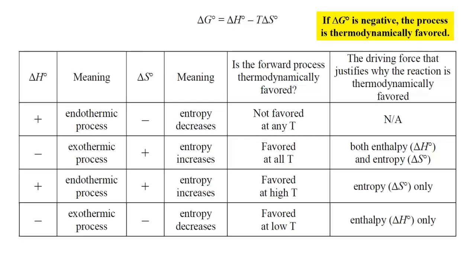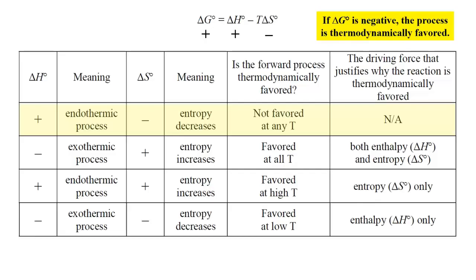So I'm going to start with the possibility in which delta H is positive and delta S is negative. So mathematically, the sign of delta G would be positive at all temperatures, no matter what. So that process with a positive delta H and a negative delta S would not be favored at any temperature.